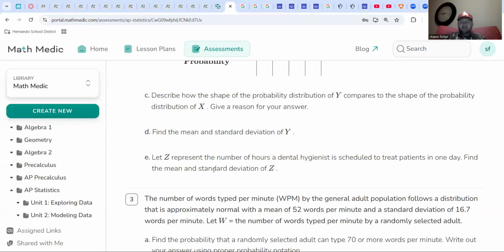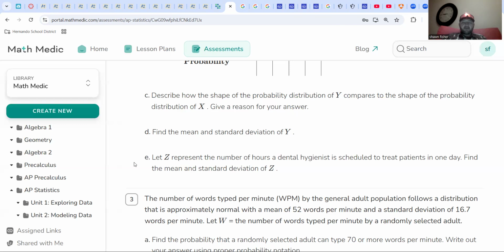Find the mean and standard deviation of Z. So give me the average or expected value and the give or take from that. That should be very straightforward.